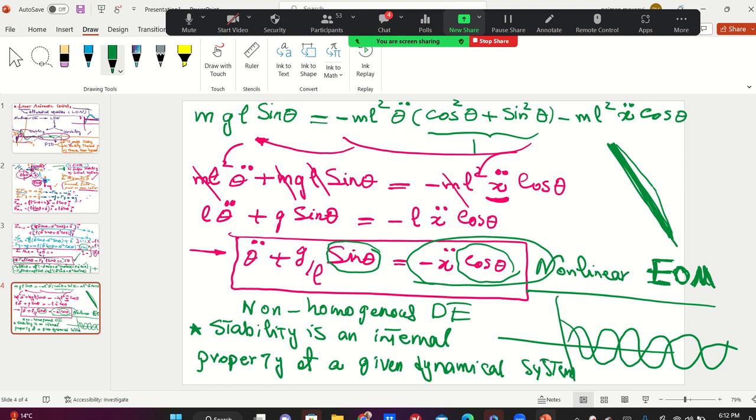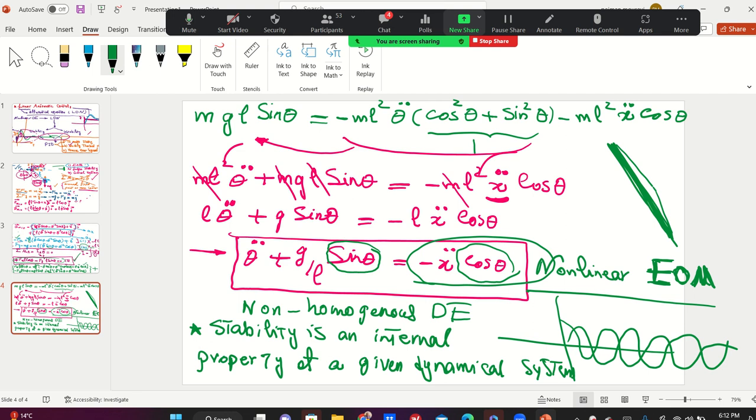What does it mean? It means I want to see, without applying any force or any controller to control it, how the system behaves by itself. By itself is it stable, by itself is it unstable? See what I'm saying?